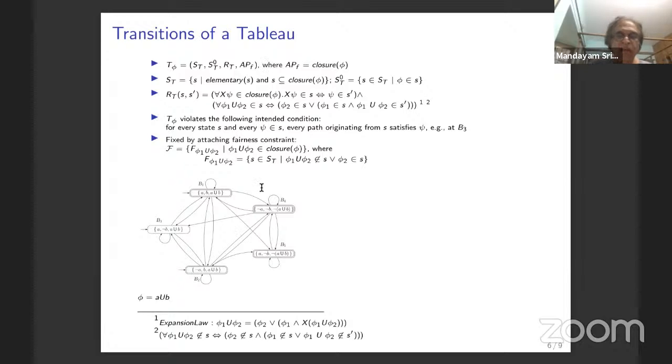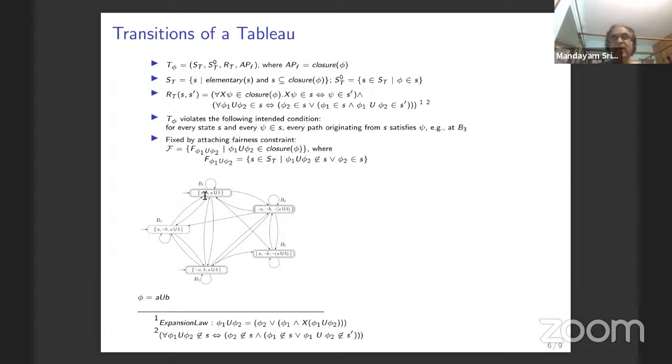And if you get stuck anywhere in the process, convince yourself that even for this thing, I haven't gone through all the things. You have to convince yourself that this is correct. In the sense, how do you convince yourself? You will have to see if every path originating from a state satisfies every formula that is included in the state.